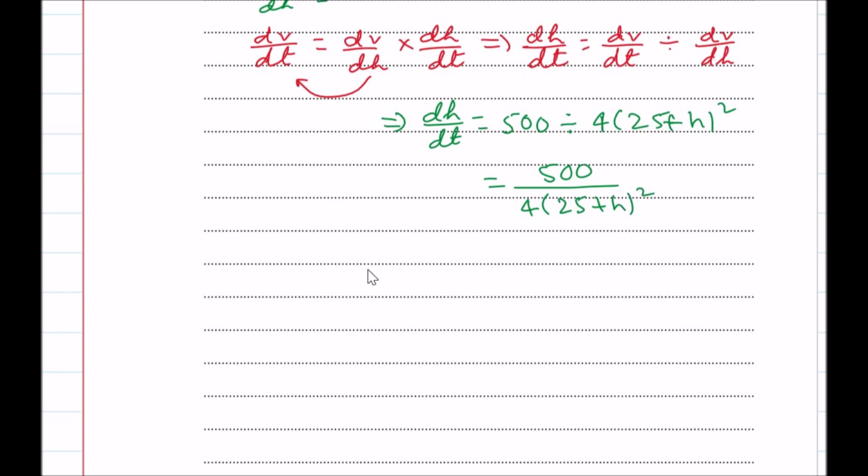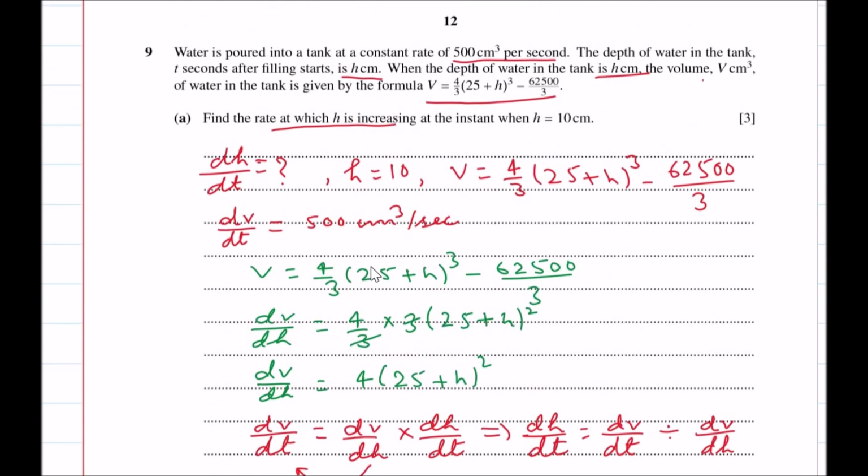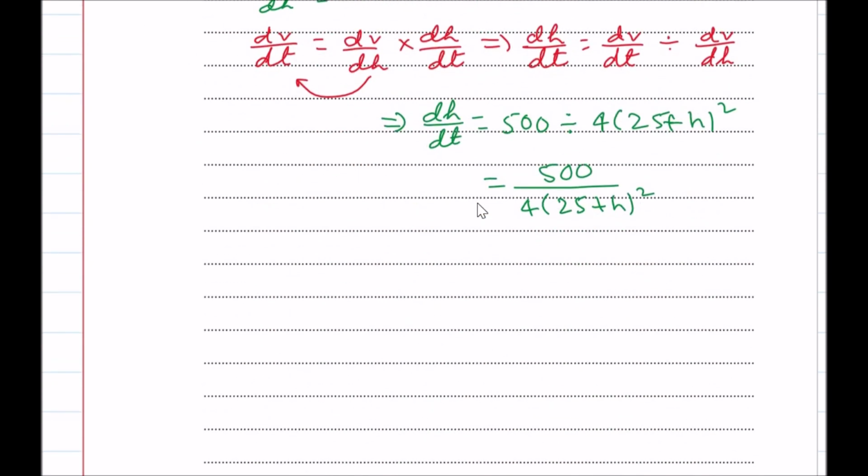Now the h value given here, h equal to 10. So let us substitute h equal to 10. So at h equal to 10, dh by dt is equal to 500 divided by 4 into (25 plus 10, that is 35) square, and that gives us 0.102.